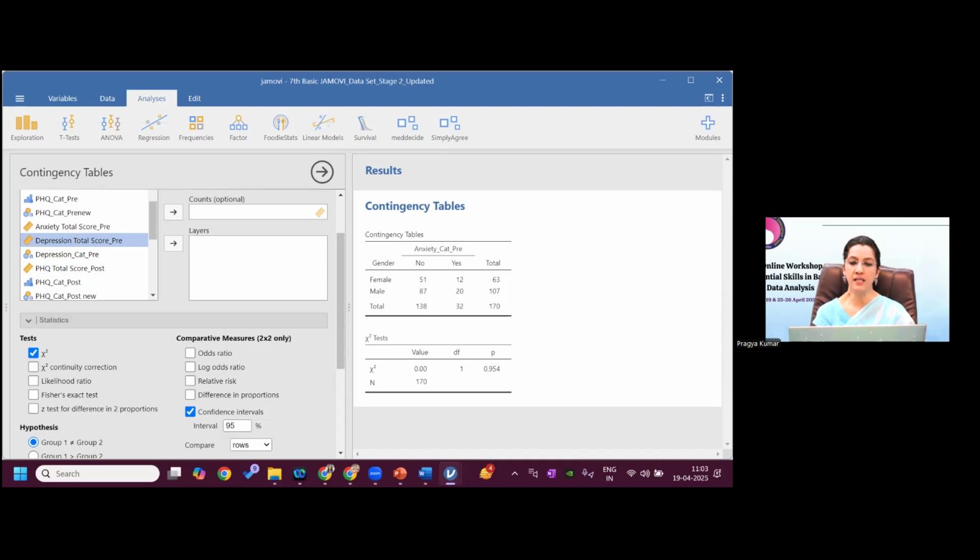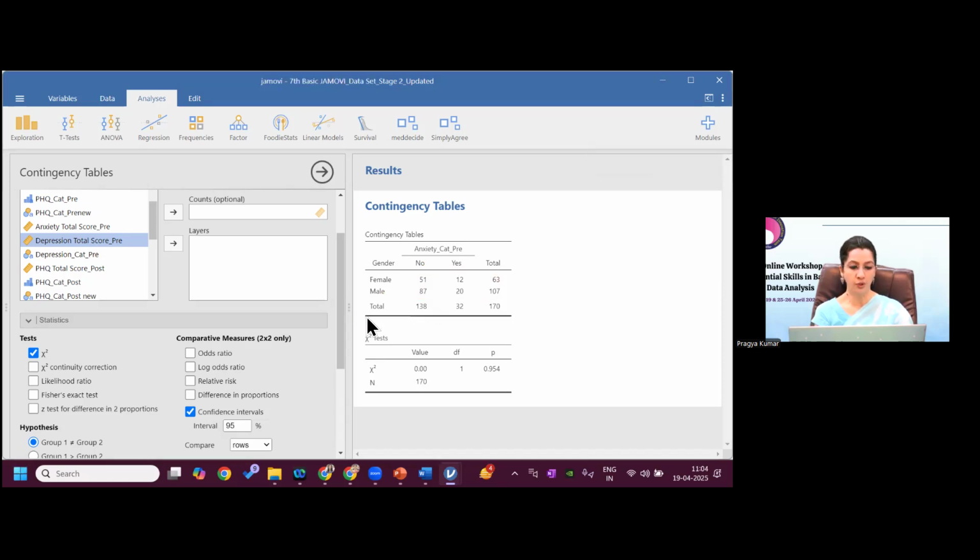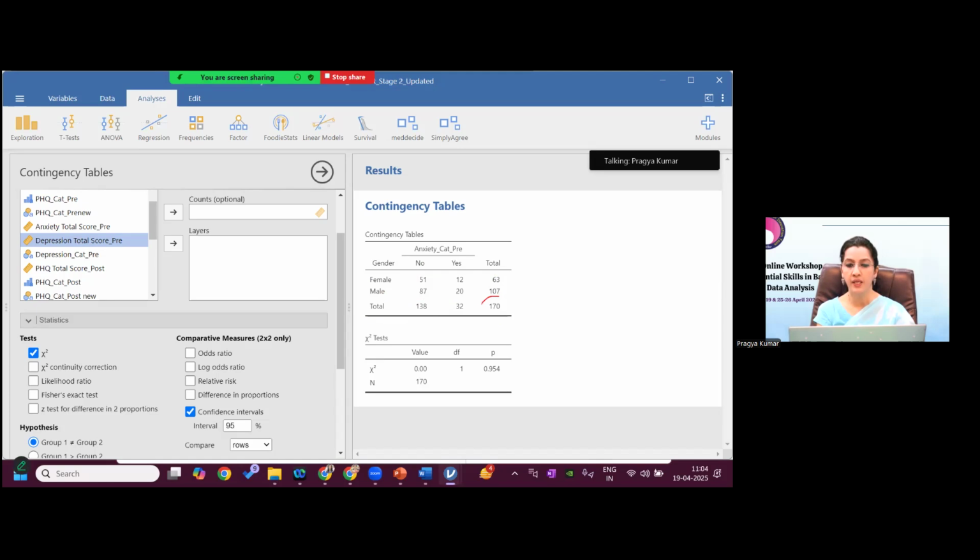Now, if I ask you to calculate the expected count for, let's say, females: if you don't consider gender and just see the total number, out of 170, 32 have anxiety. So first calculate the percentage out of the total. 32 is what percentage of 170?